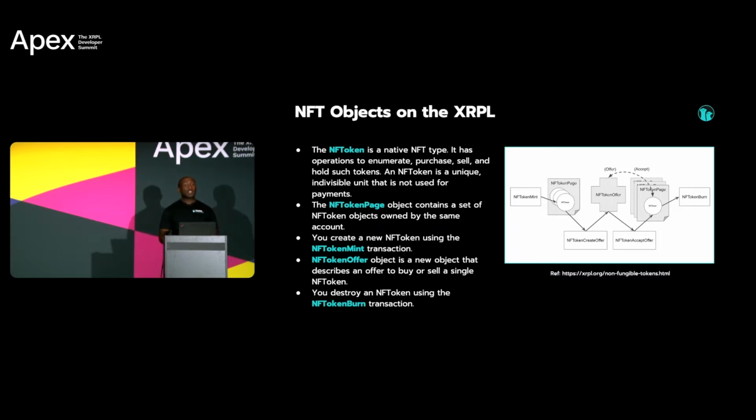Looking at the NFT token object, that is the actual representation of a non-fungible token on the XRPL ledger. Non-fungible meaning the token cannot be divided into smaller unit amounts. This object is a new object that is implemented natively within the XRPL ledger itself, so it's much easier to work with.